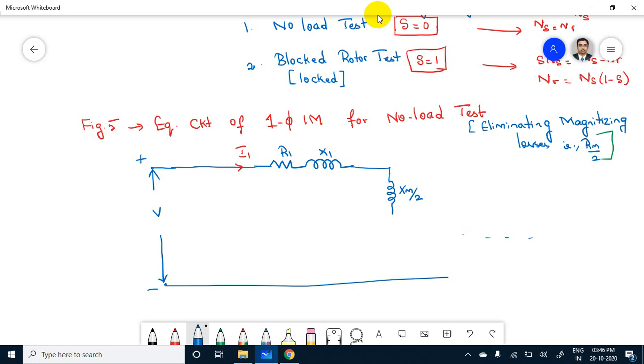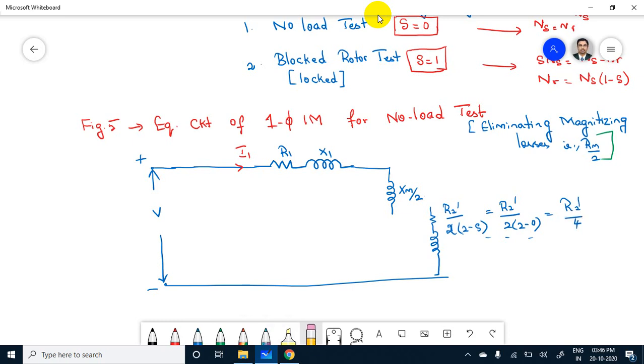So in backward there will be resistance and reactance parameter. That resistance will be R2 dash by 2 into 2 minus s. Now if I substitute s equal to 0, I get R2 dash by 2 into 2 minus 0, so I get R2 dash by 4.